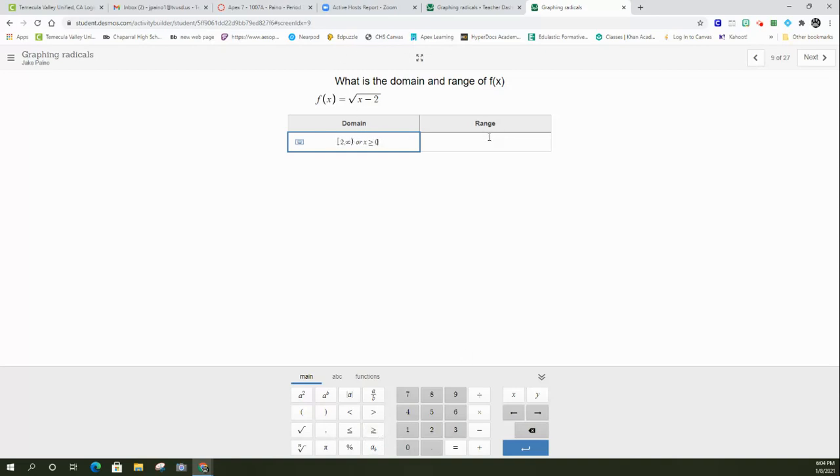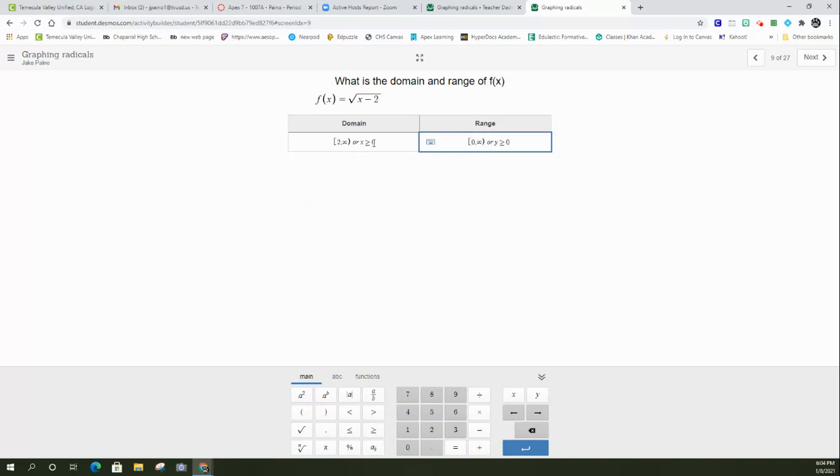You could use either notation. The range was all real numbers greater than or equal to 0, so that's going to be 0 to infinity in interval notation, or y is greater than or equal to 0.